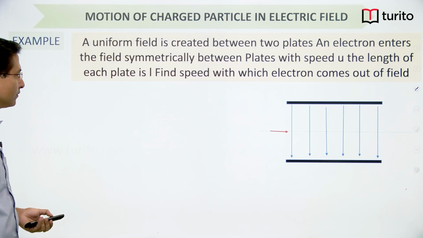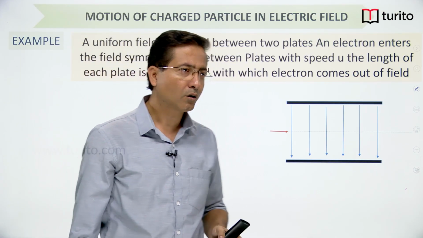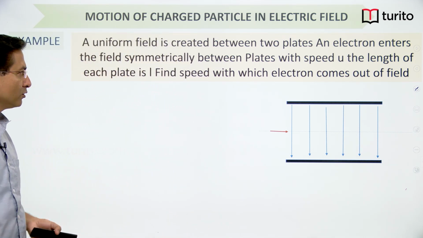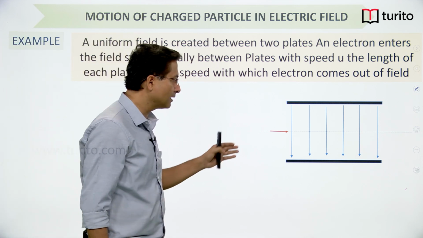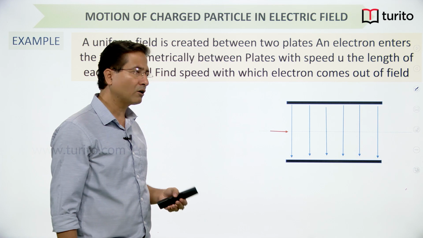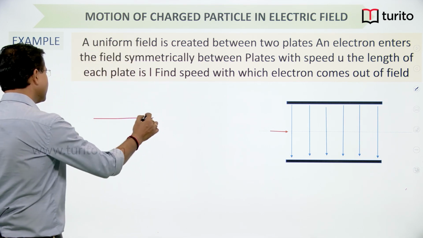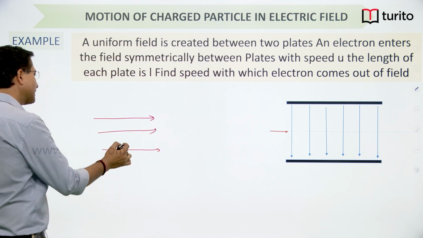Now let us see some examples based on motion of charge in a field. So we may have uniform field, we may have non-uniform field. As I told yesterday, today we will discuss uniform and non-uniform field. When the gap between field lines remains the same, then the field is said to be uniform.